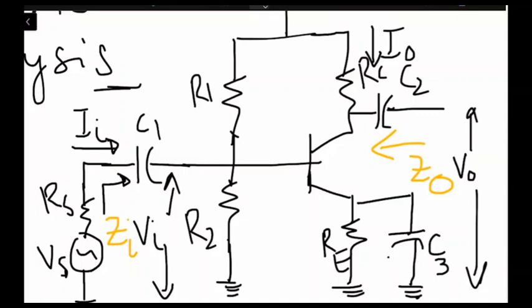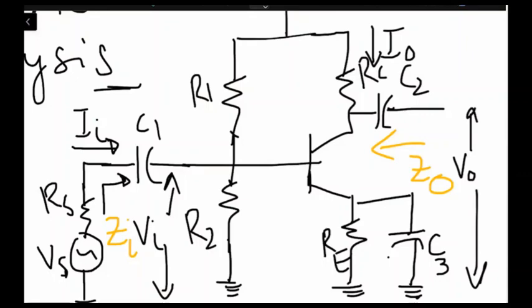Once we have obtained the point of operation, which is basically the Q point, right? Once we have figured out the Q point of the circuit, then we will start working with the AC analysis, right? So for every AC analysis of any circuit, we first do the DC analysis, and then we work with the AC analysis.